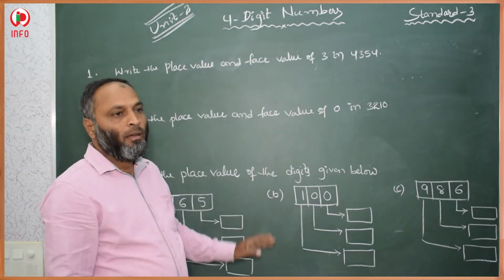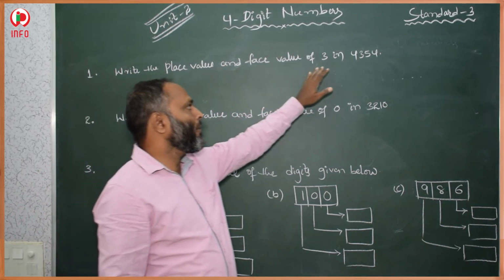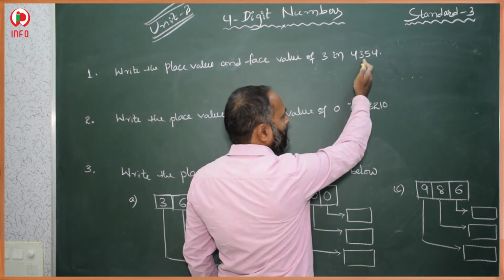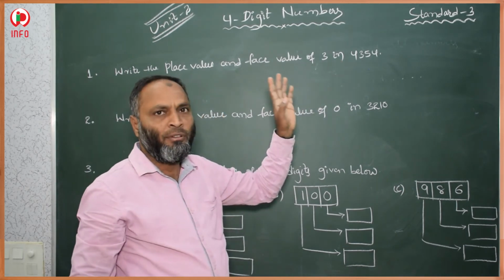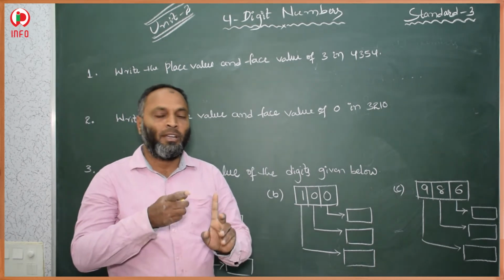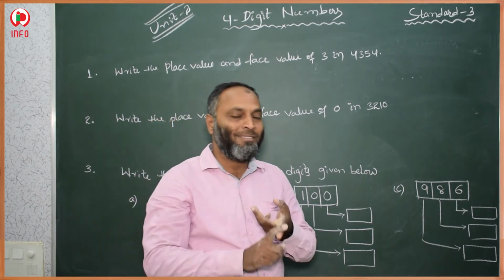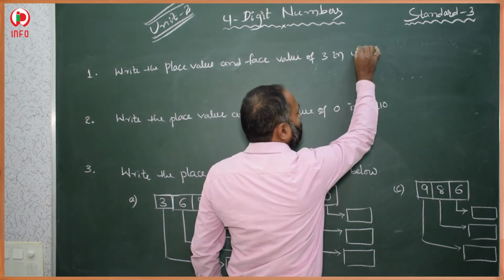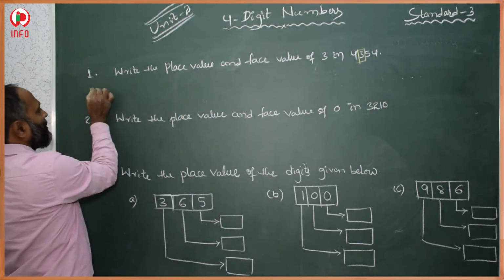So, yes, now students, write the place value and face value of 3 in the given number. What is the given number? 4354. In this number we have to write the face value of 3 and the place value of 3. Already we discussed face value, place value and position value. In the given number, where is our 3? Here. This is the solution.